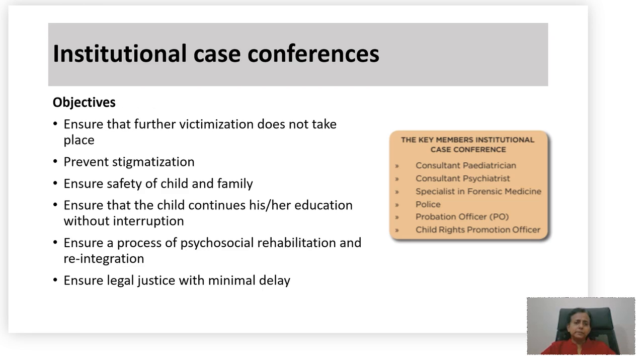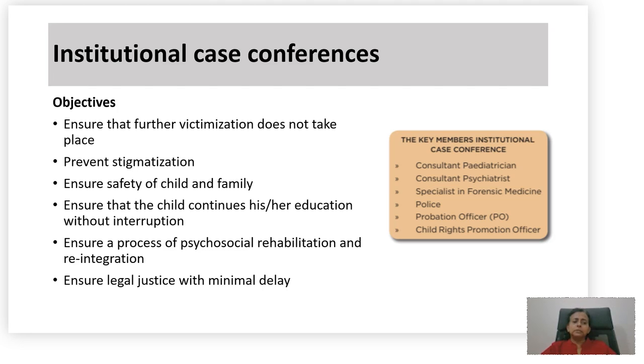So the institutional case conference is the next step where you suspect a case of child abuse, and then you involve the police, the probation officer, and the child rights promoting officers. Again, you have to make sure that you don't re-victimize them, prevent stigmatization, and ensure the safety of the child and family.